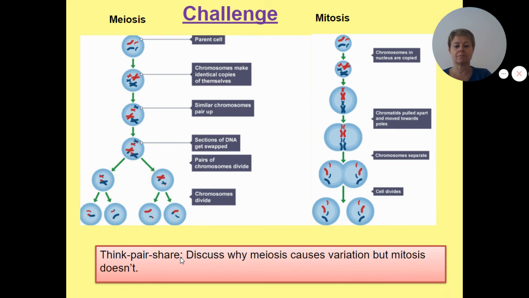And last task, if you have time, think about why the process of meiosis might cause variation, but mitosis doesn't. And you'll have to look very, very carefully at the colours on these pictures to work out why. Actually, there is something in the description that might help you.